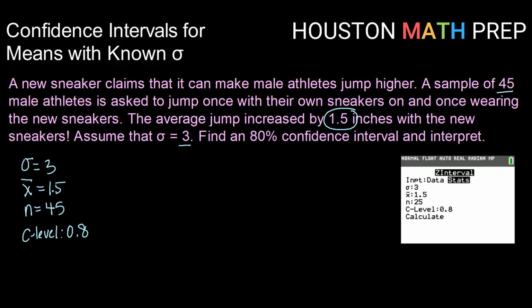If we were calculating that by hand, then our confidence interval would be 1.5 plus or minus 1.28, which is our Z critical for 80%, times 3 divided by the square root of 45.